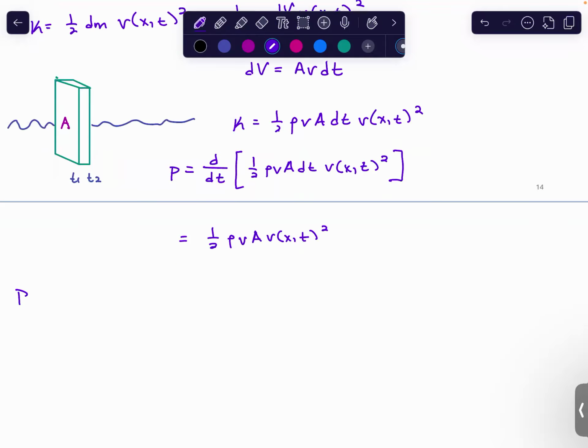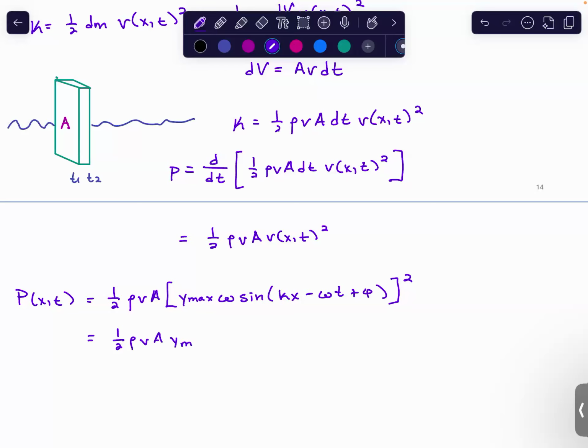So if you want to expand this out, power transmitted by the wave, you see, we can go ahead and put that solution back in. And then we want to look at this as 1/2 rho vA squared.